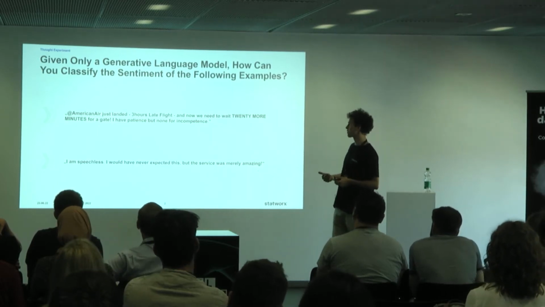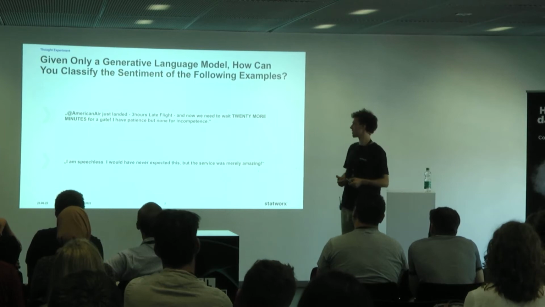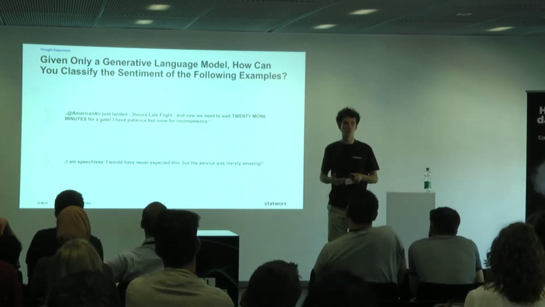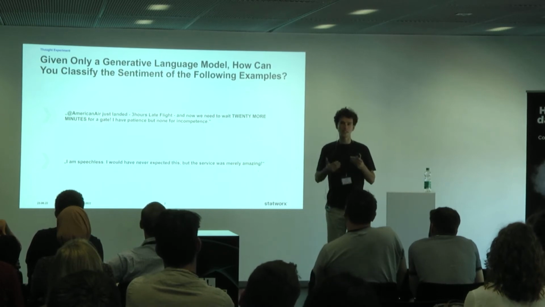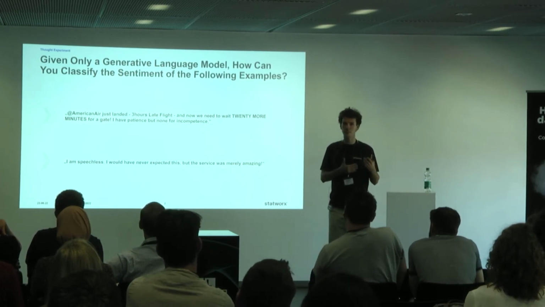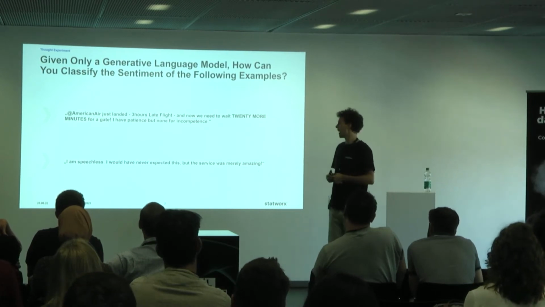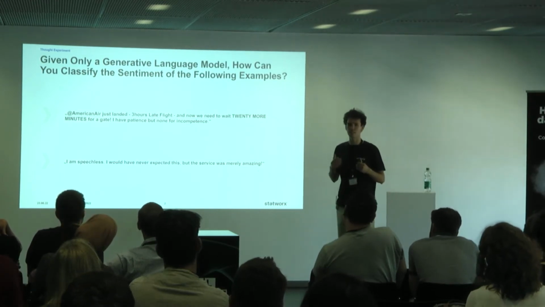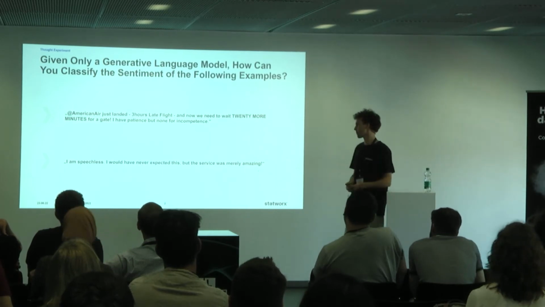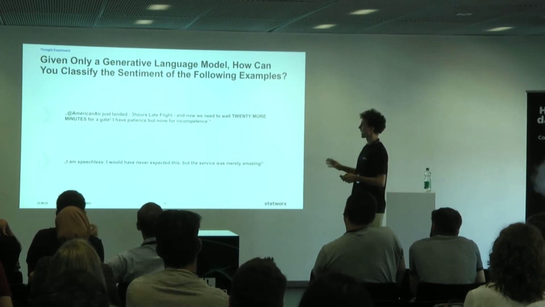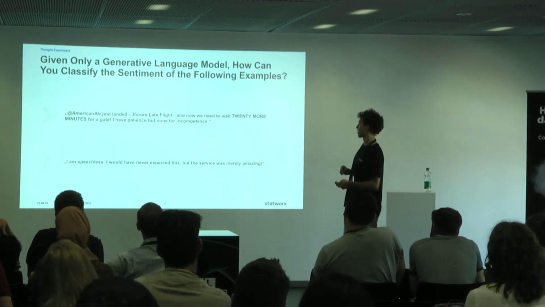I have patience, but none for incompetence. One thing that we might want to do is sentiment analysis. So is this a negative sentiment? Is this positive? Is it somewhere in between, so neutral? So a classification of the sentiment of the text input. This is an example, and we will get to this later on at the end of this talk.